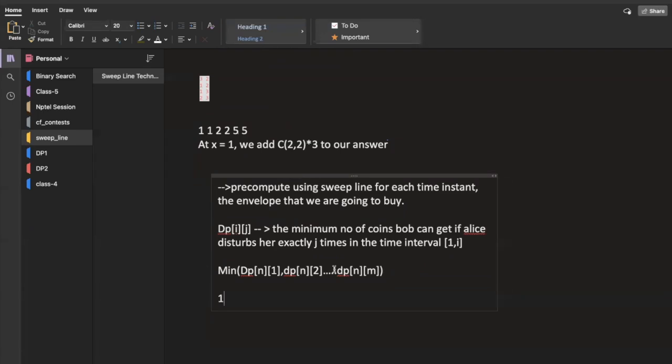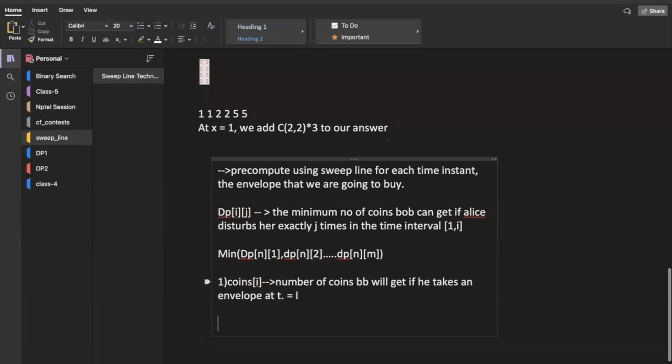So for each time interval, we are basically maintaining two values. The first is coins of I, which is the number of coins Bob will get if he takes an envelope at t equals I. And the second is this variable called next time of I, which is basically the D value.